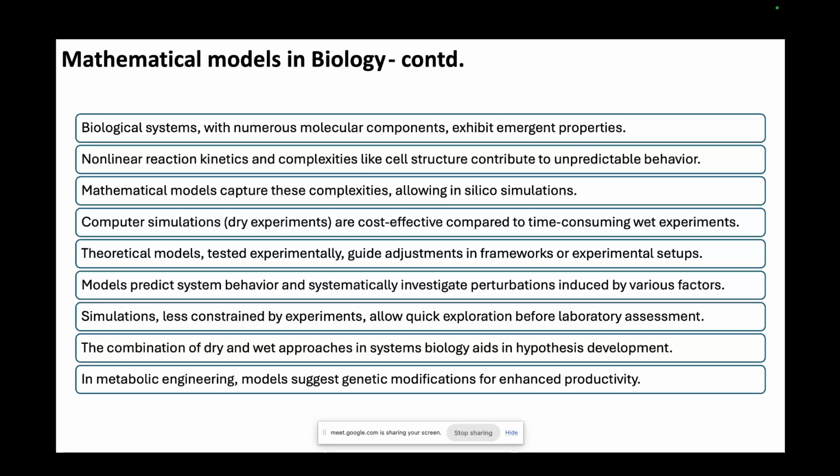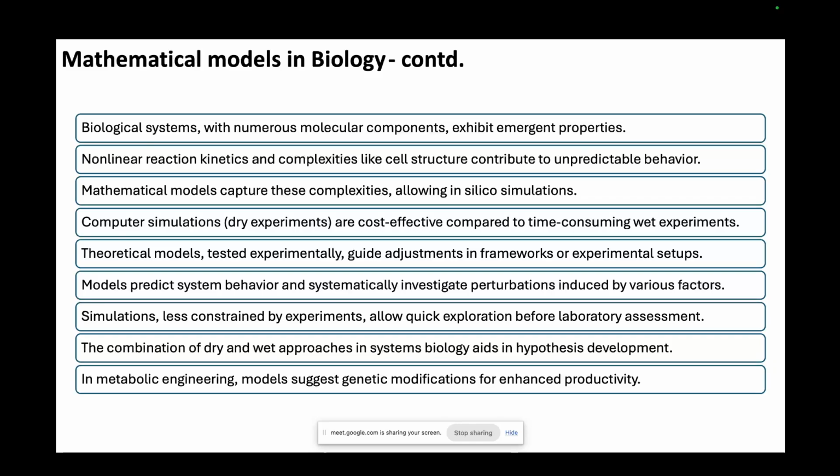What these in silico simulations of mathematical models give us is a better understanding of how the system is working in real life, and it narrows us down to a certain number and type of experiments that we can do in the wet lab to get our results.